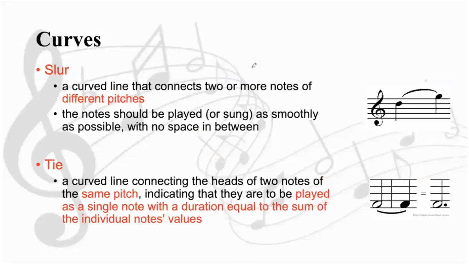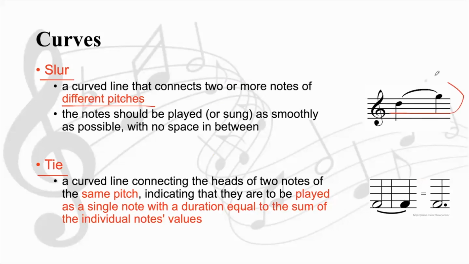Okay. Now we come to the curves. We have talked about slur and tie, I think 3 weeks ago. The slur means there are different pitches, though it is the same curve actually.